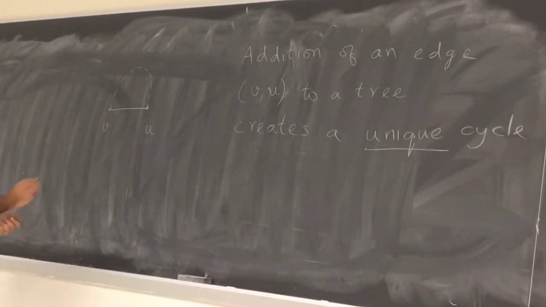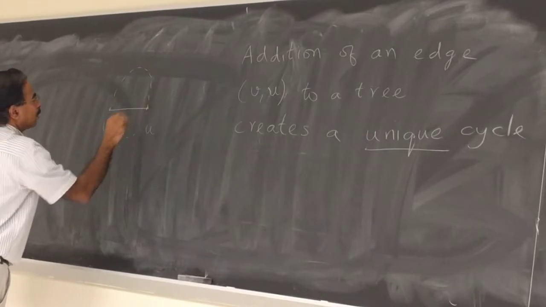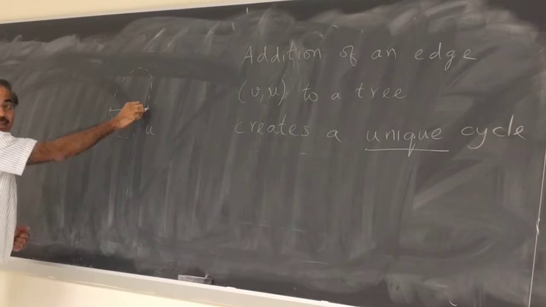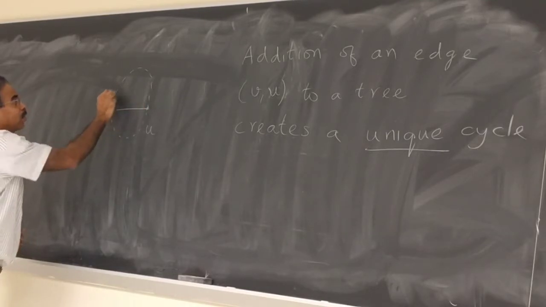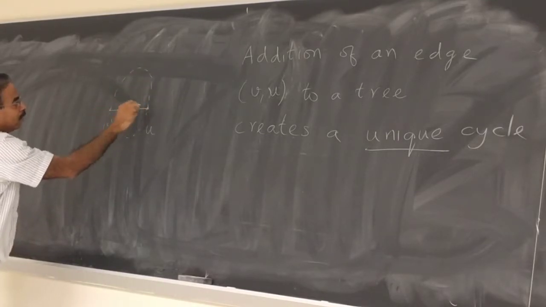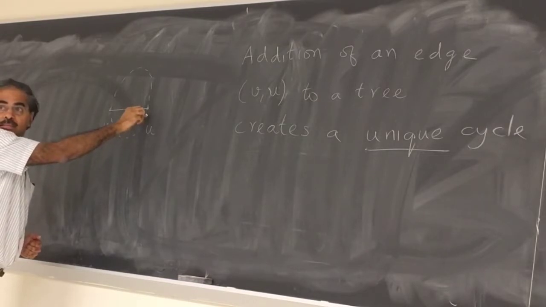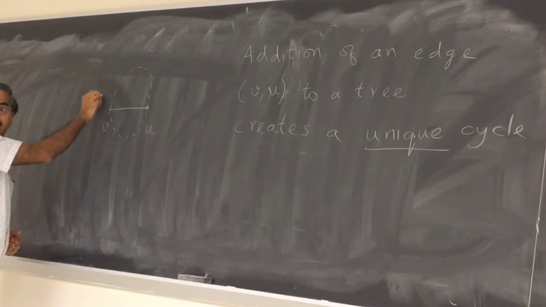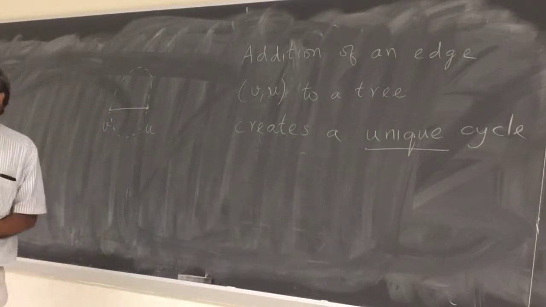That means this could be one cycle, and this could be another cycle, which means that there are two ways to get from V to U, which means that there's already a cycle going that way.